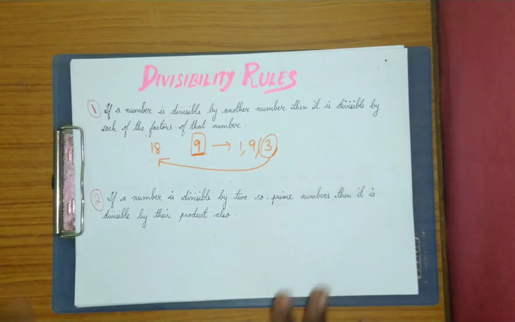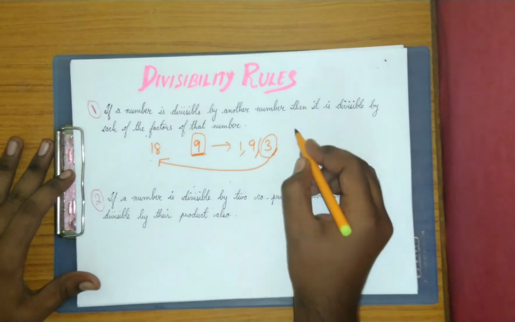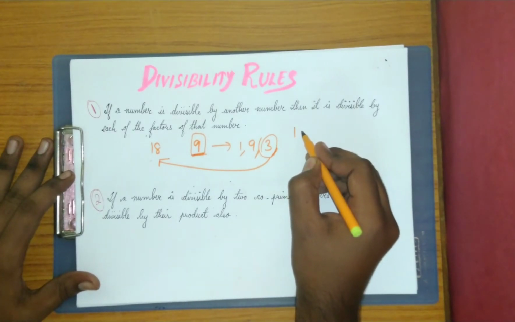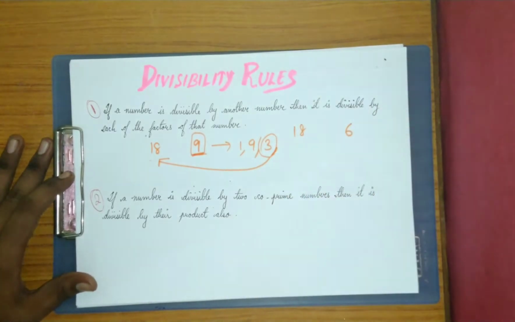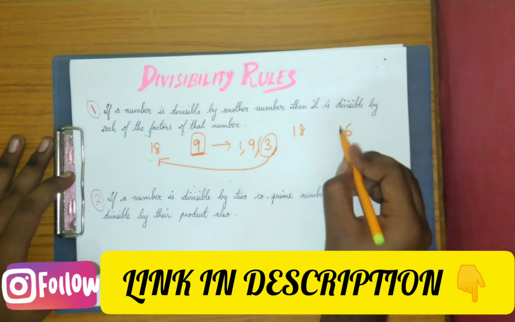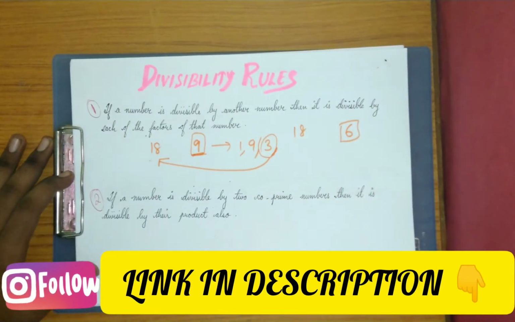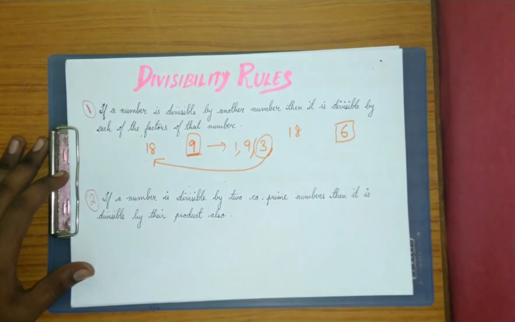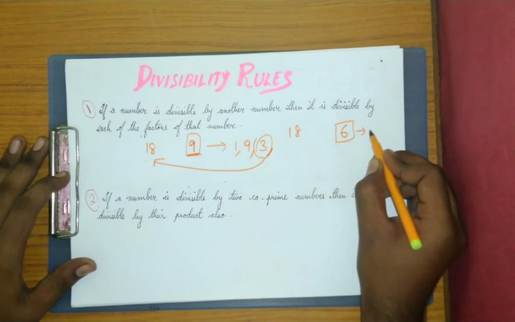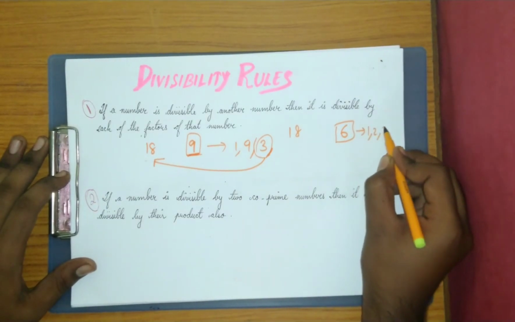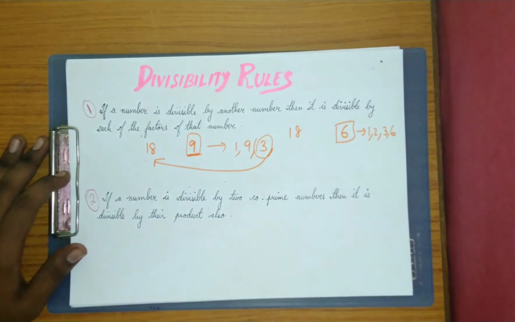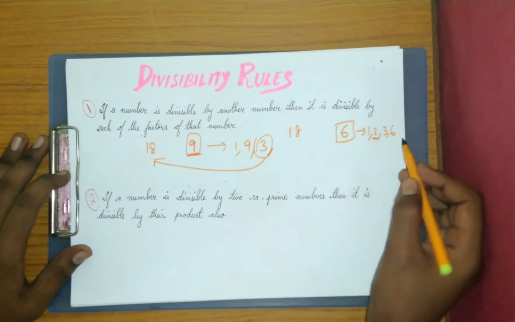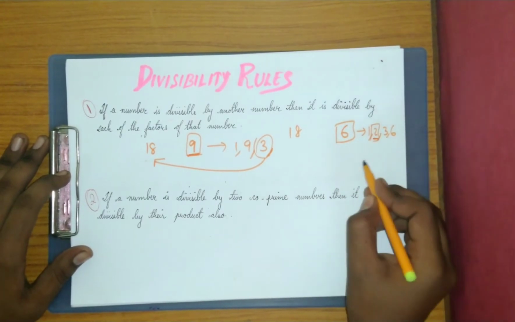We'll take one more example. 18 is divisible by 6 also, right? Now the number is 6. So what are the factors of 6? 1, 2, 3 and 6. Suppose we take 2, which is one of the factors.